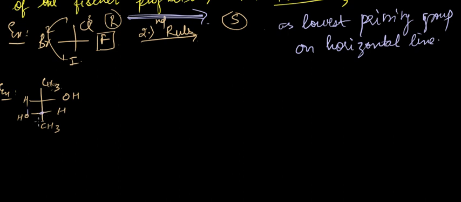Highest priority would be O for this carbon. Second would be this carbon, not this one. Why?